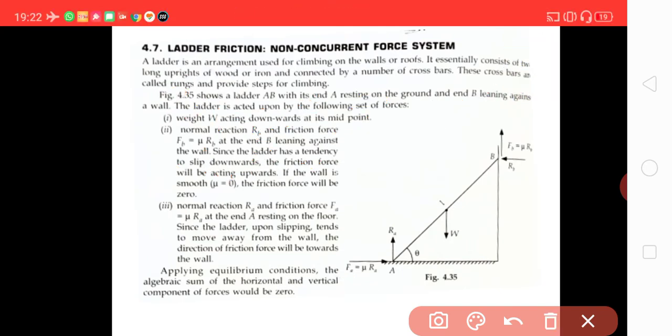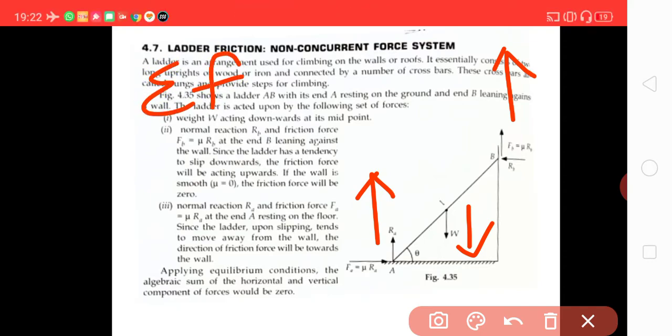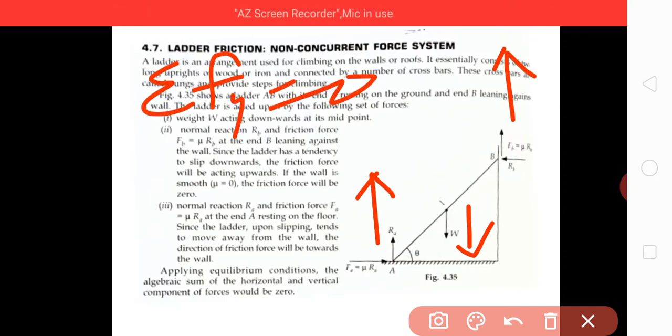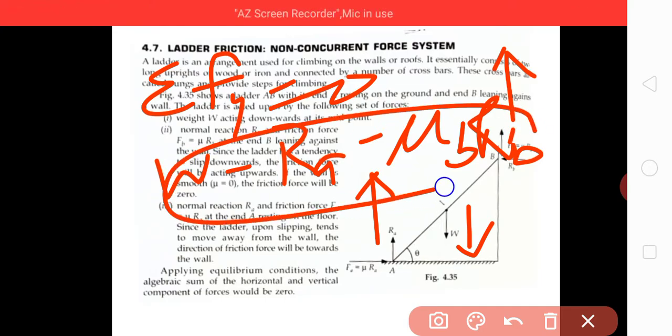Similarly, for the vertical one, the reaction at A acts upward, the frictional force acts upward, and the weight of the ladder acts downward. It means summation Fy equal to 0 gives W minus RA minus mu B RB equal to 0. This will be the equation formed here.